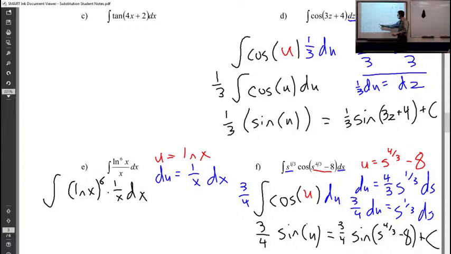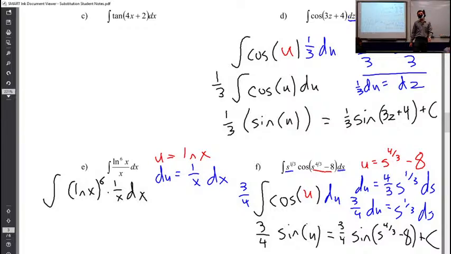This means the same thing as this, just rewritten. Because the natural log of x to the 6th is on top, and then that'll leave a 1 on top of here, and the x on the bottom. So this one was trickier to see, but both clues are there.